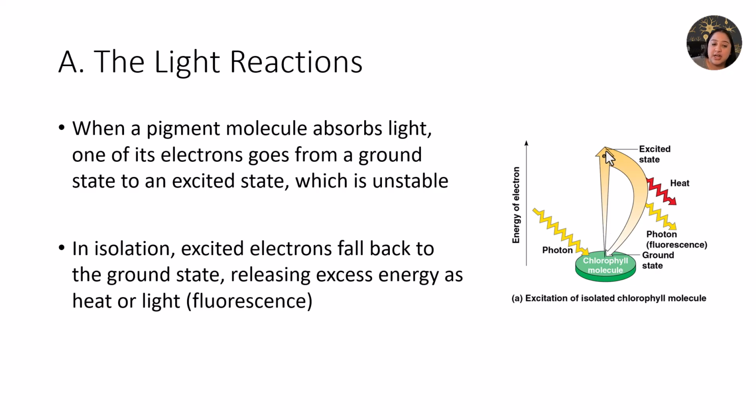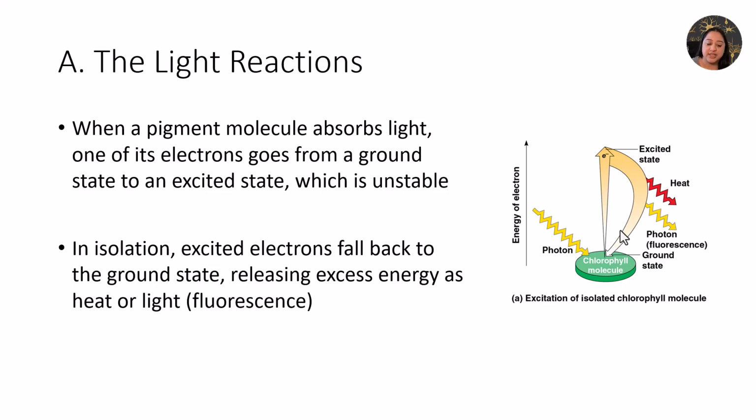And then as it comes back down, in isolation, if this chlorophyll molecule wasn't attached to anything, the excited electrons will just fall back to the ground state, releasing excess energy as either heat or light. So if we see fluorescence, that's light energy coming back down from being in an excited state.